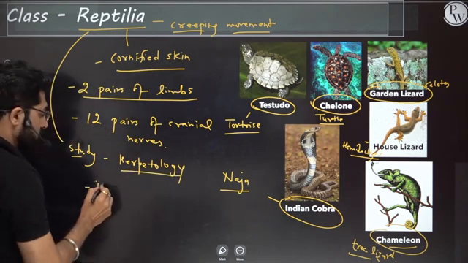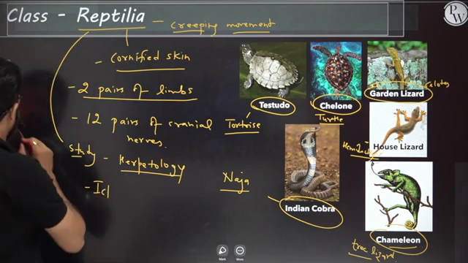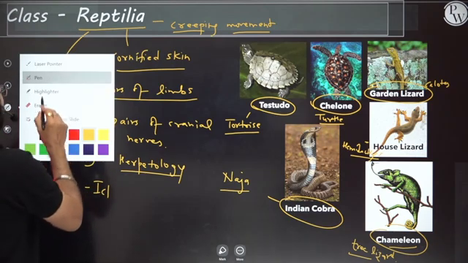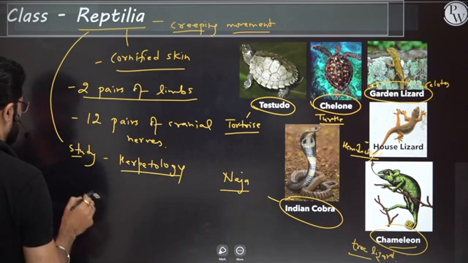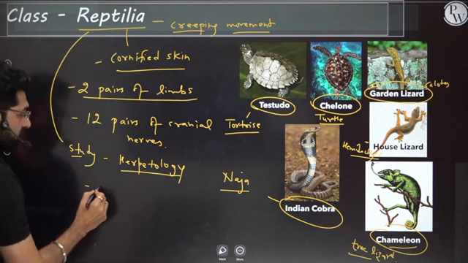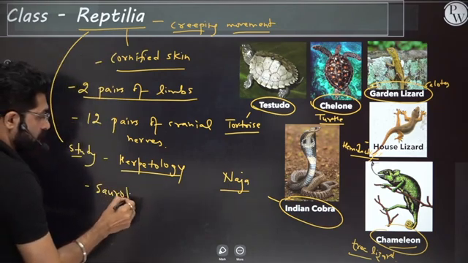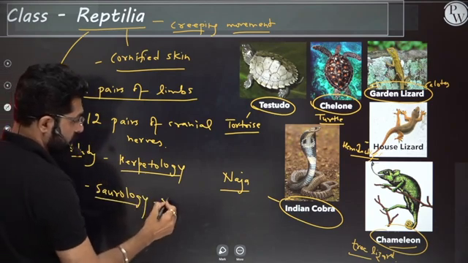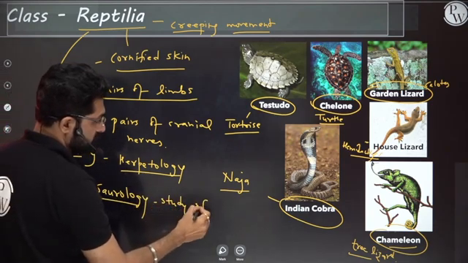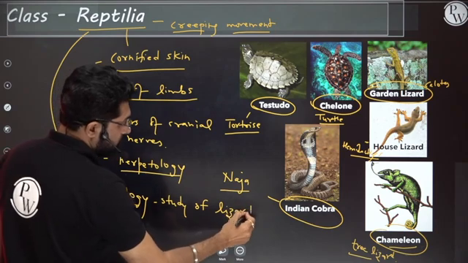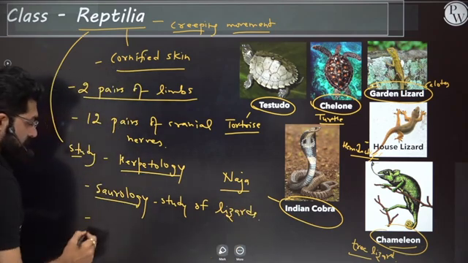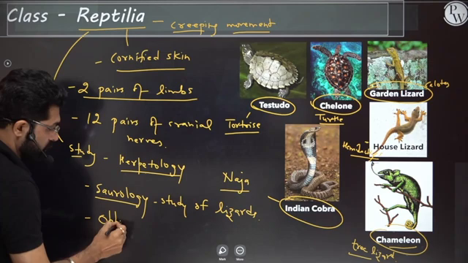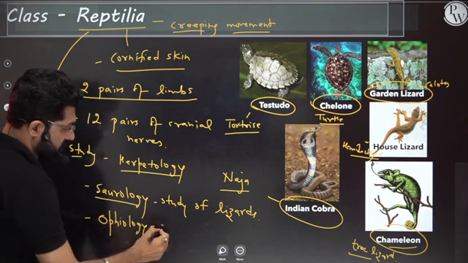If I talk about saurology, saurology is the study of lizards. And ophiology is the study of snakes.